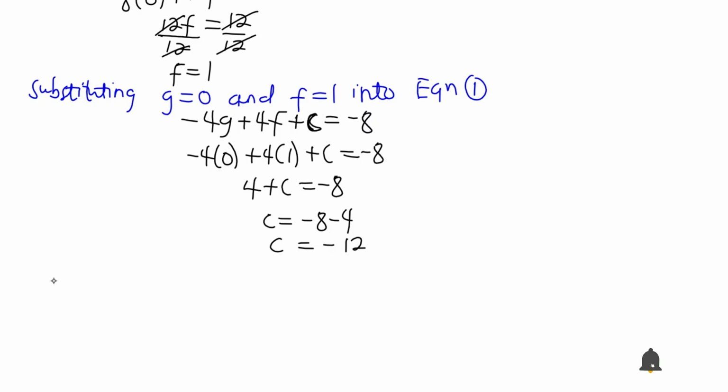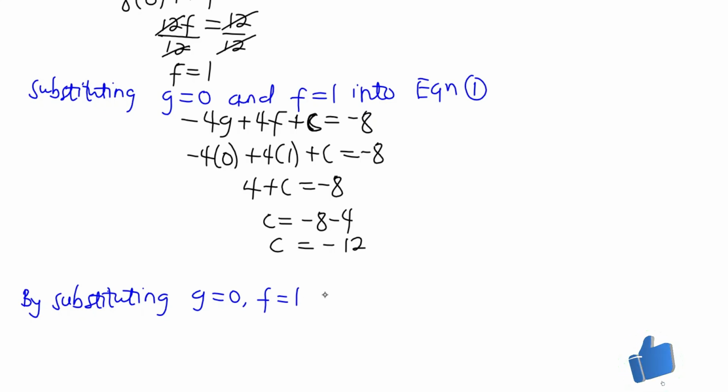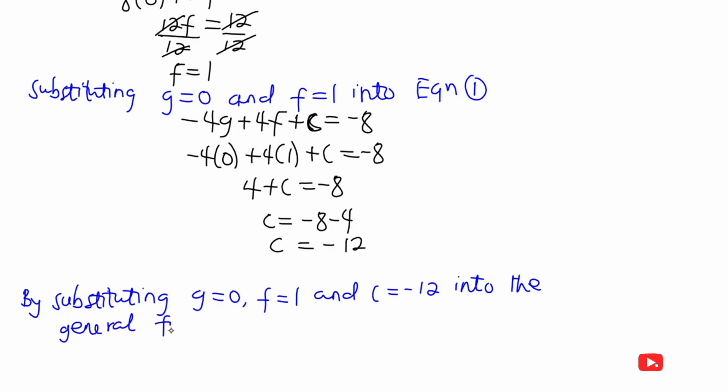So we write again by substituting G is equal to 0, F is equal to 1, and C is equal to negative 12 into the general form of the equation of a circle. Now before that, let's write the general form of the equation of a circle.